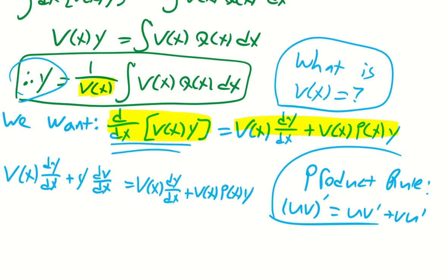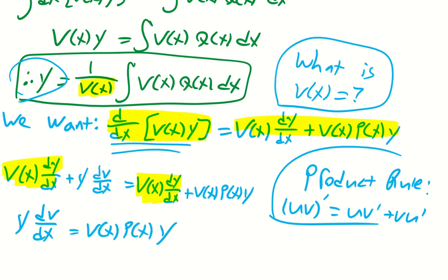Well, look, this expression appears on both sides of the equation, so we could subtract that from both sides of the equation. The equation still balances, so to speak. So now we have y dv/dx is equal to v of x p of x y.